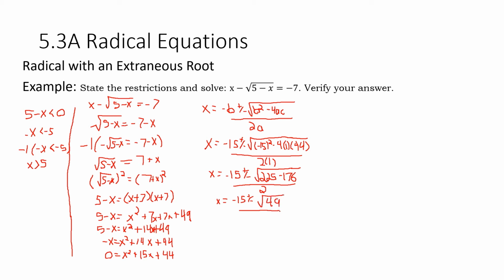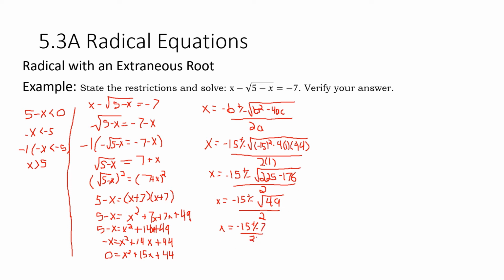So root 49 over 2, and we'll finally be able to have our answer here. So root 49 is 7 over 2.